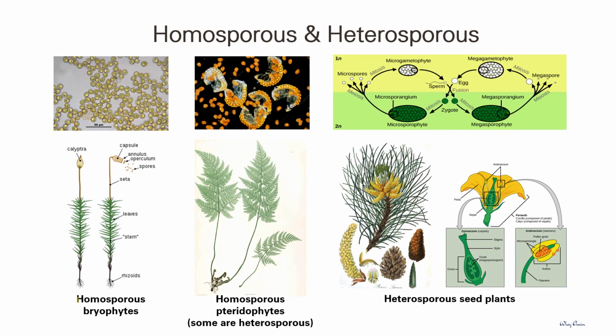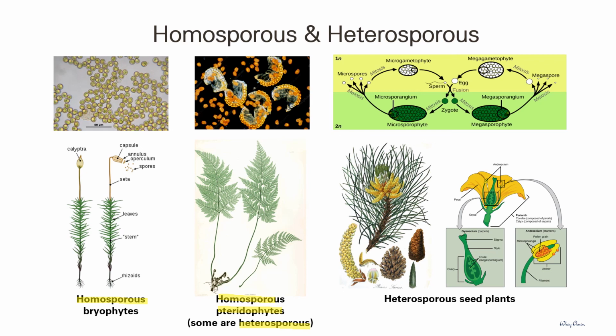Bryophytes are homosporous, meaning they produce one type of spore in the sporangium. However, some of the pteridophytes are heterosporous, such as Selaginella species. But in this semester, we focus on Dryopteris, which is an example of homosporous pteridophytes.